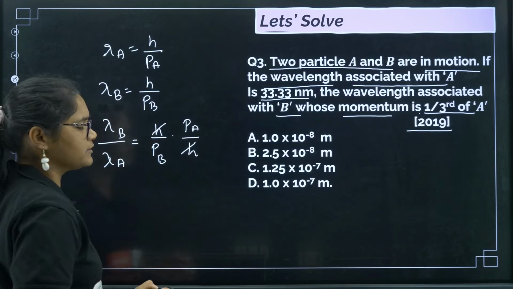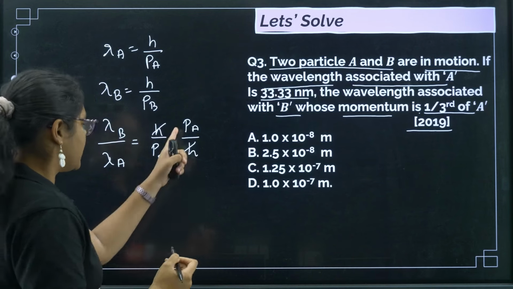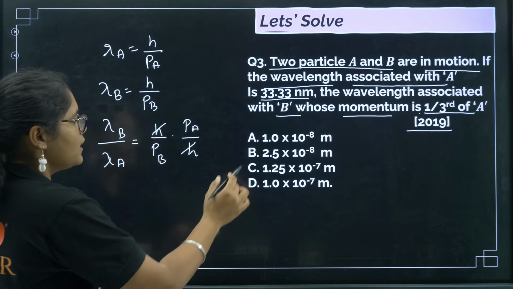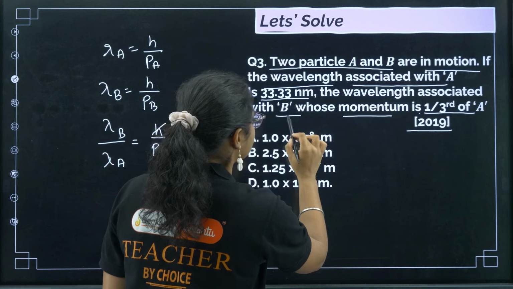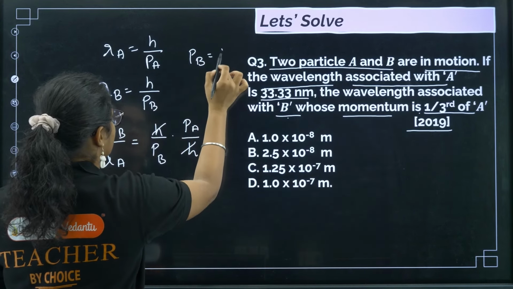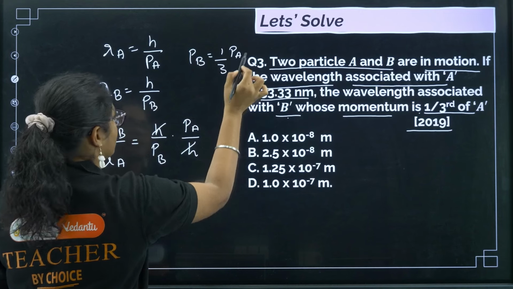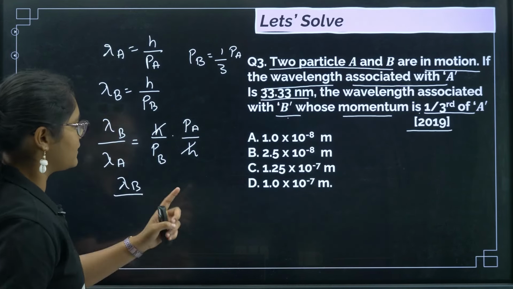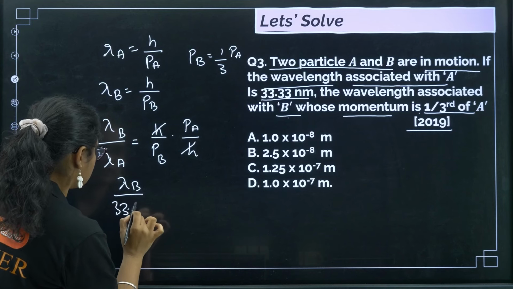If I take lambda B by lambda A, then I'll get h by momentum of B into momentum of A by h. H can be cancelled because it is Planck's constant. So I'll get PA by PB. Now what is the relation between PA and PB? You can see that B momentum is 1/3 of A. That means PB is equal to 1/3 of PA. That I can substitute here. So lambda B by, what is lambda A value? 33.33.